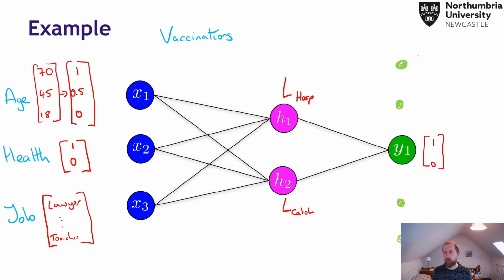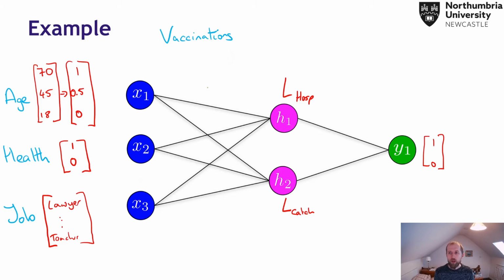This would be high severity, this would be medium high, medium, etc. I've just done it this way because it's easier to explain, but you can extrapolate from my explanation to the more common way that we use neural networks.